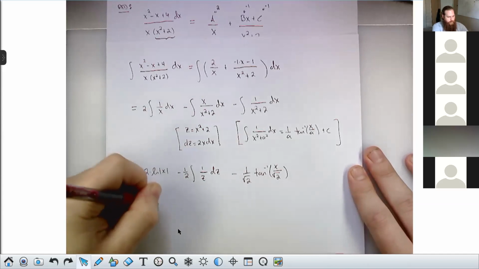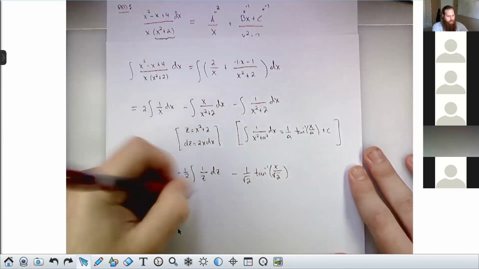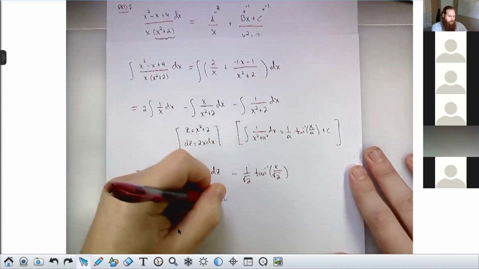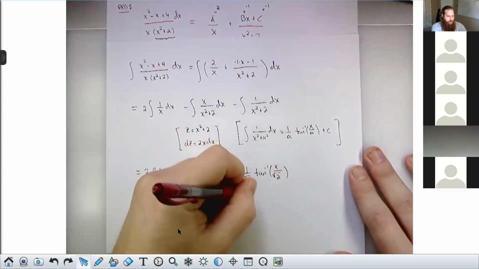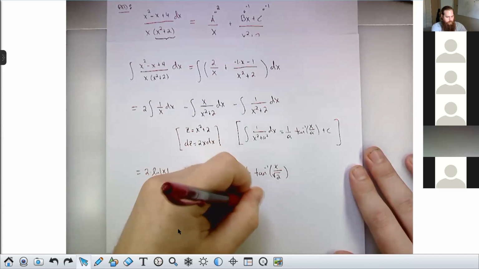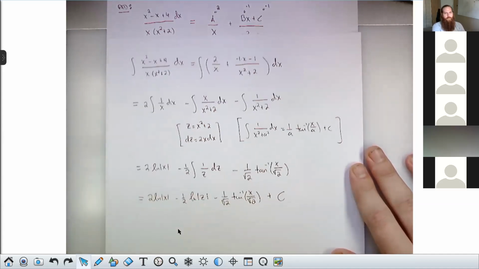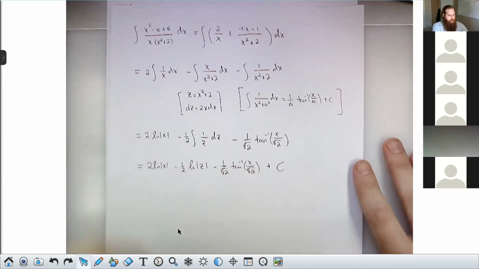So I get 2 ln absolute x minus 1/2 ln of absolute z minus 1 over the square root of 2 times the inverse tangent of x over the square root of 2. And now I should write my plus c because there are no more integral symbols. And then finally, z is x squared plus 2.